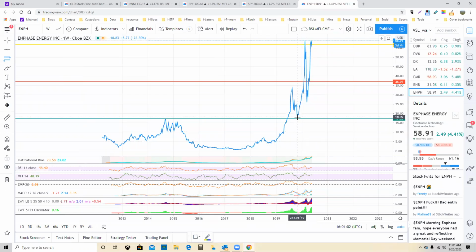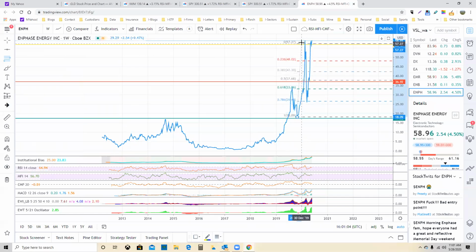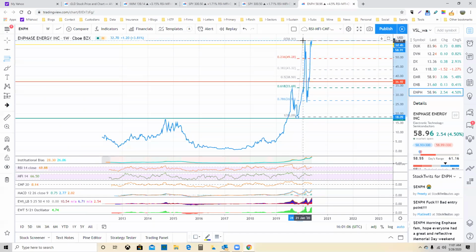Let's take this line, go to that line. Let's do an extension again from here. Back down.